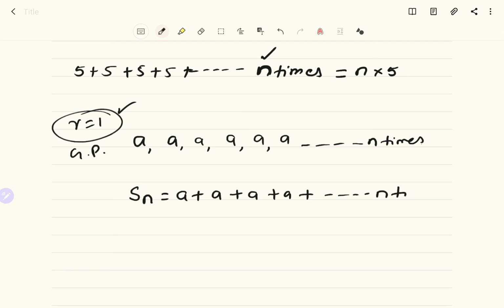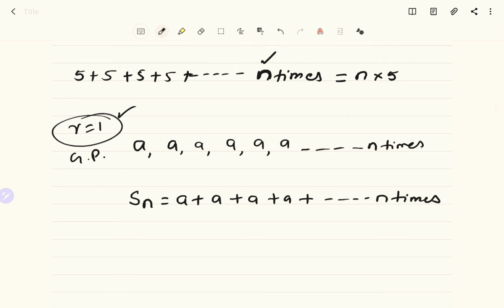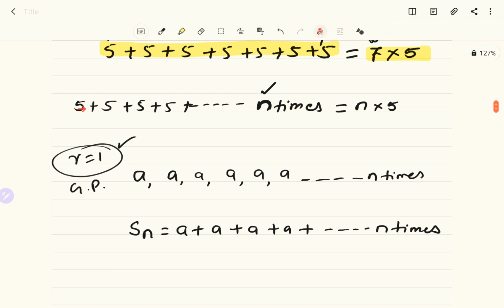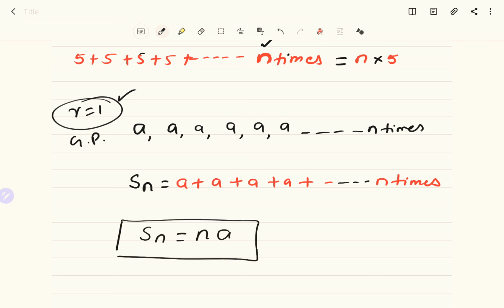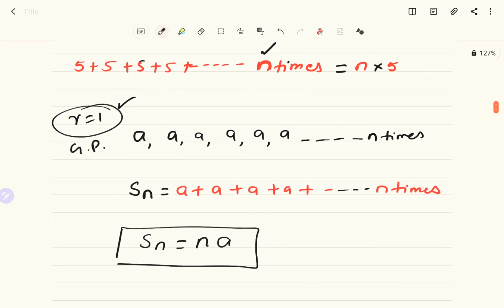If you add this 5 for n number of times, the answer is n times that 5. So in this case, we are adding this A for n number of times, and the formula for Sn is n times A. This is the formula that you have to use for Sn if R is equal to 1.